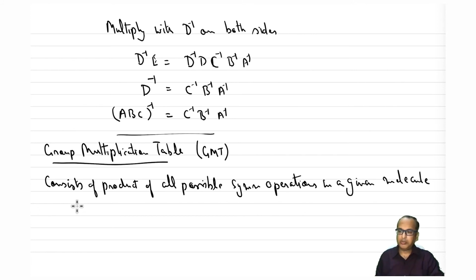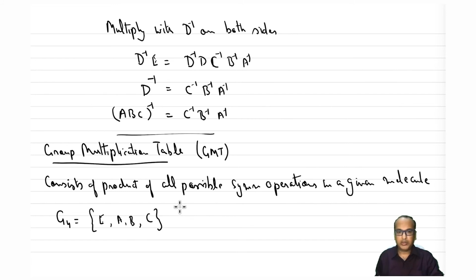So how do you write it? For example, let's say you have a G4. G4 means a group of order 4, which consists of E, A, B, C.